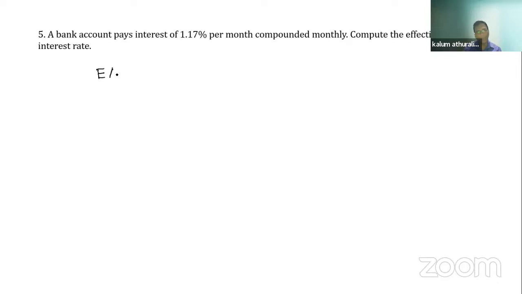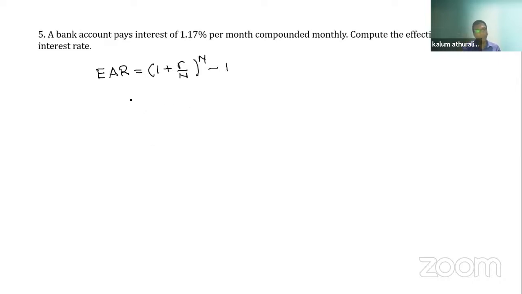Effective annual rate of interest, EAR. The formula is (1 plus R over N) to the power of N minus 1. Right.